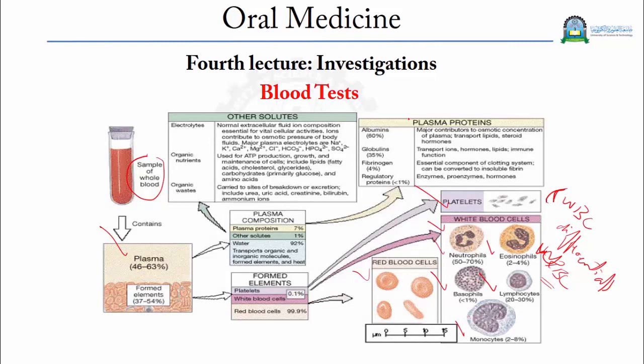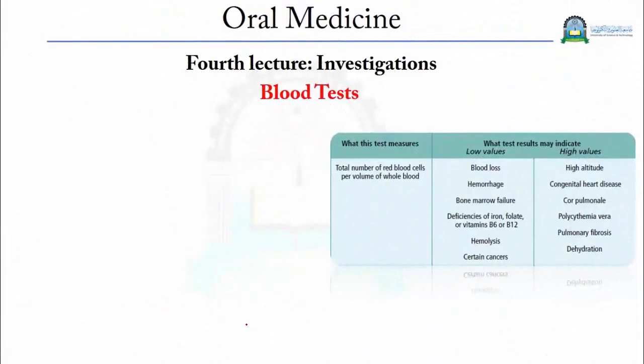Some types of plasma proteins also are albumin, globulins, fibrinogen and also regulatory proteins.